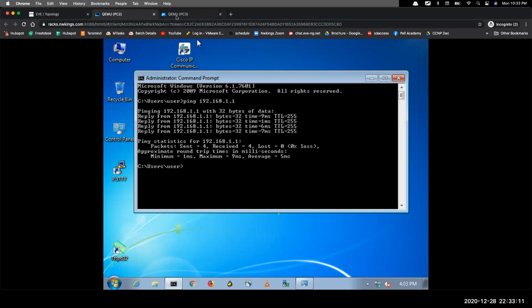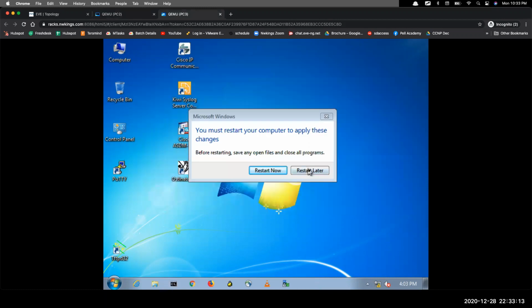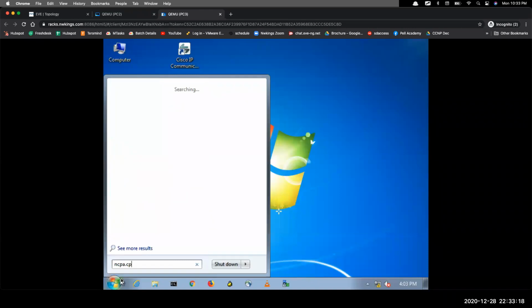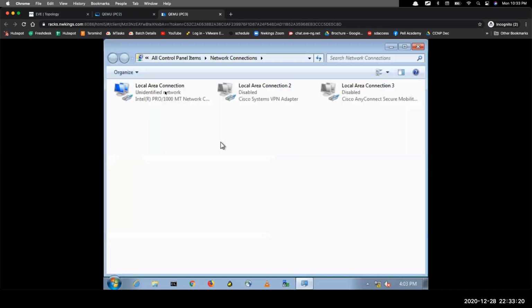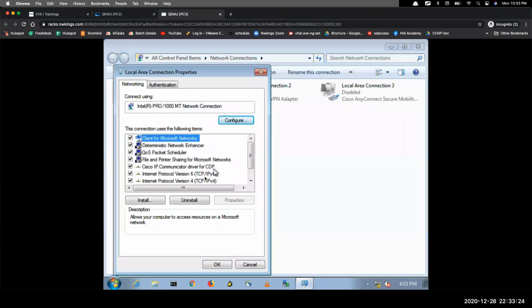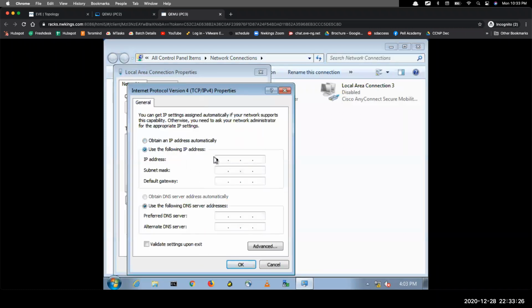In another PC, ncpa.cpl, so what would be the IP? 192.168.2.11, right? And the gateway address would be 192.168.2.1.